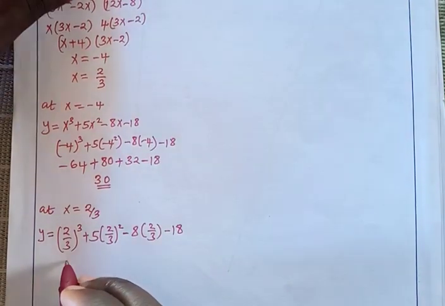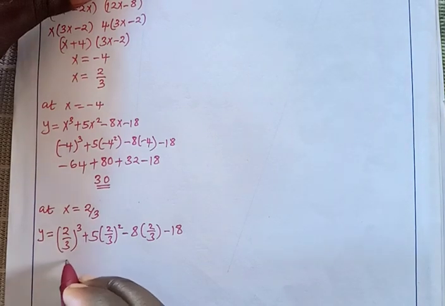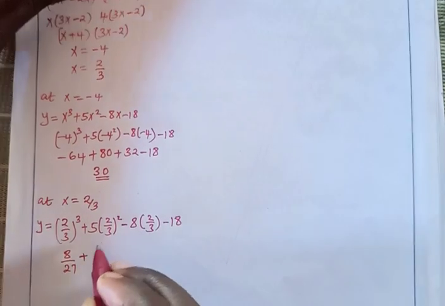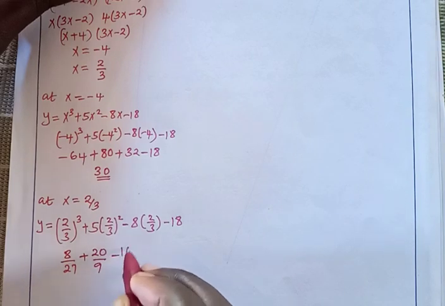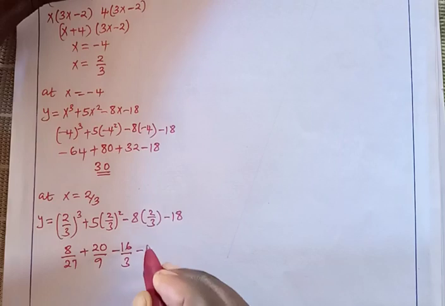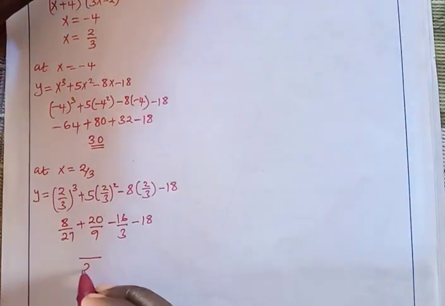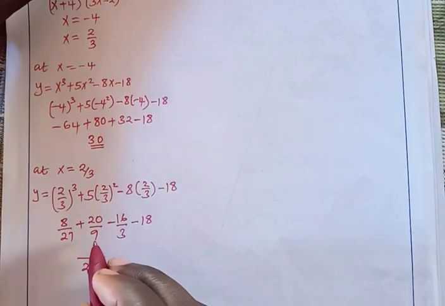This one is going to give us 8 over 27, plus 20 over 9, then minus 16 over 3, then minus 18. If you find the LCM, it is 27.